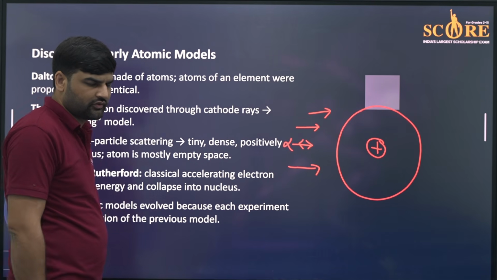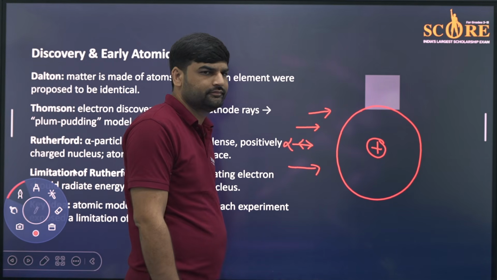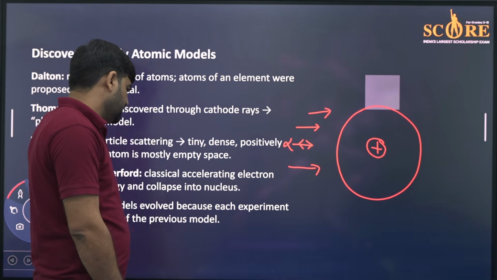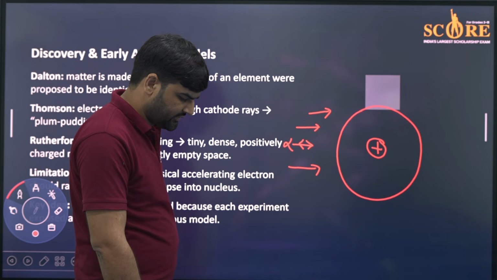This model also failed when classical theories came.